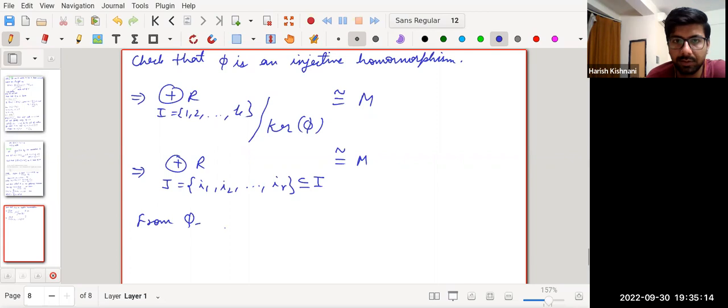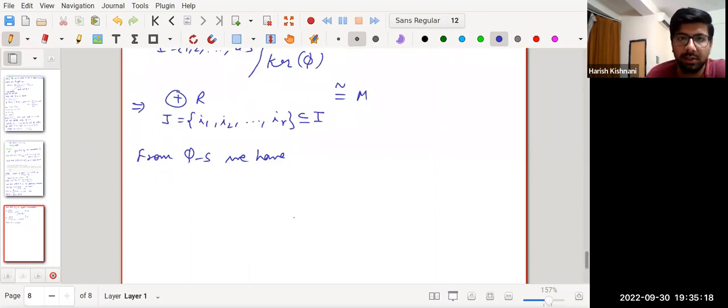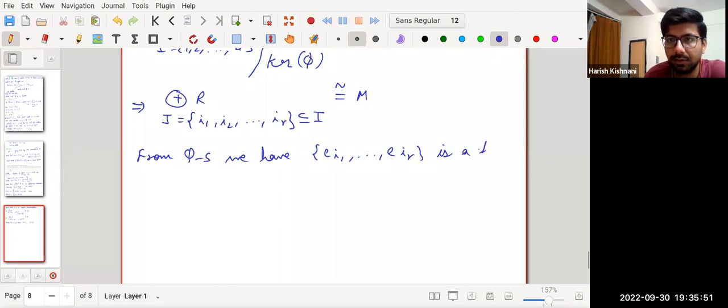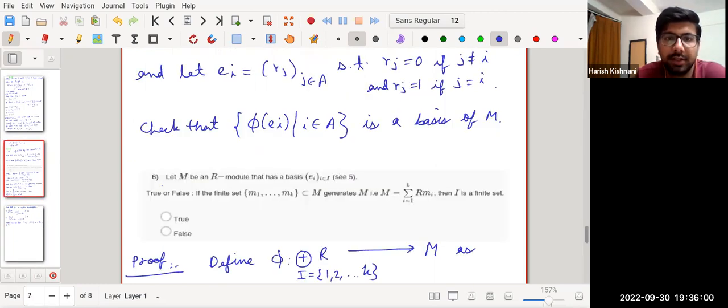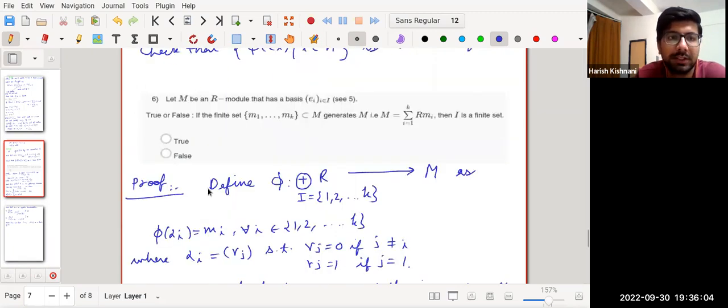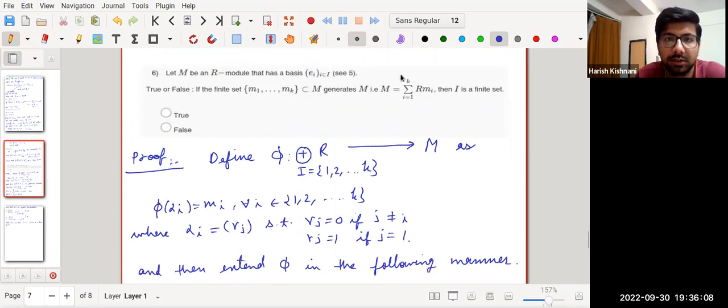from question 5 we have the corresponding elements e_i1 to e_ir is a basis of, so you have got a finite set such that you got a finite basis e_i of the M, right?